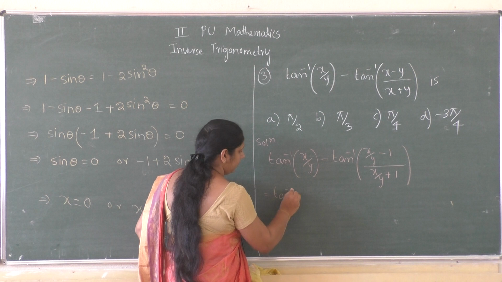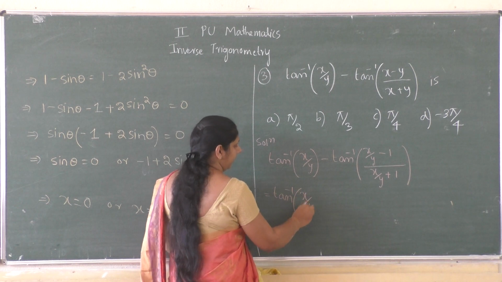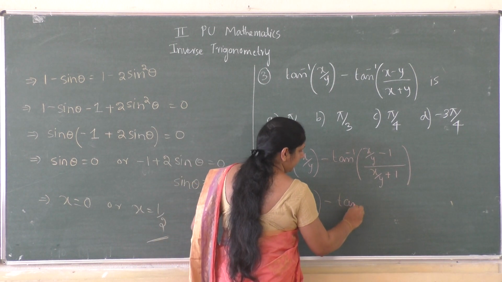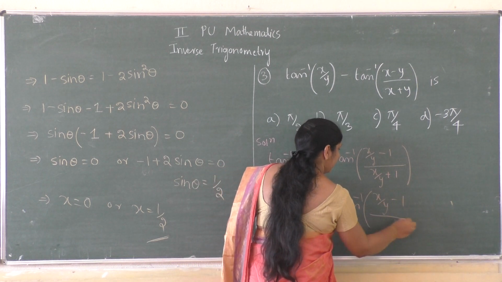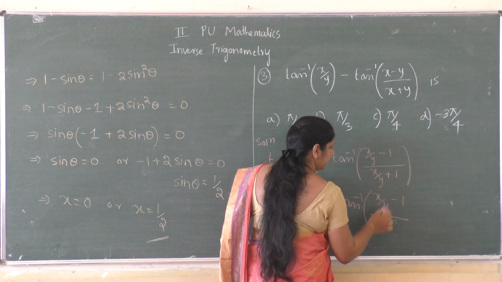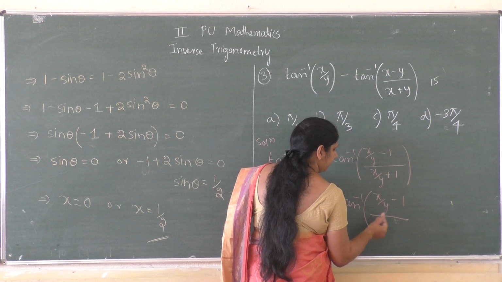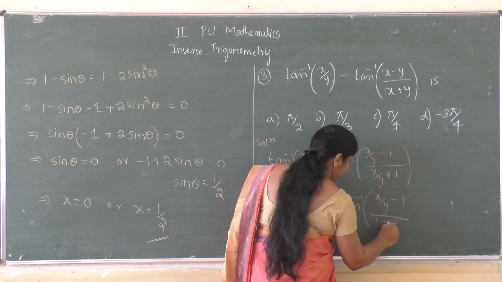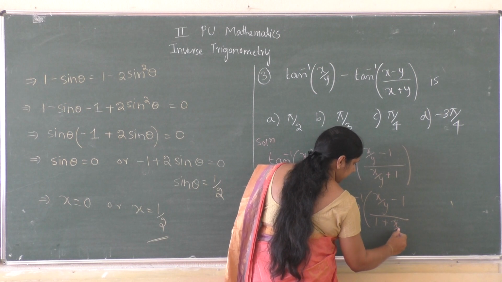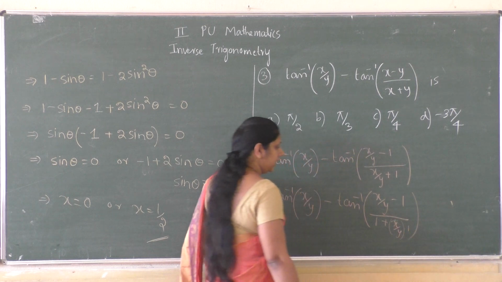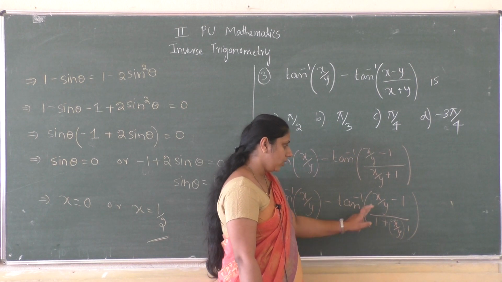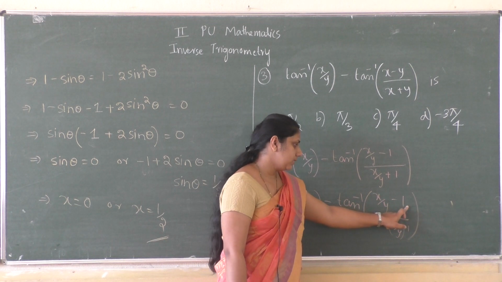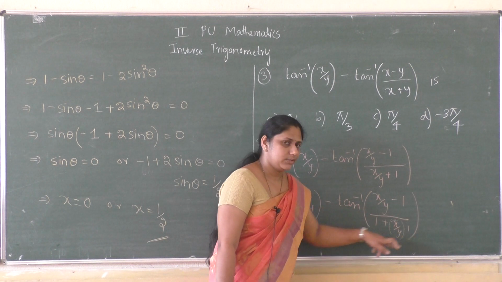So this is tan inverse of x by y minus tan inverse of first term as it is minus 1. Here I just rearrange these two terms. So I will write 1 as the first term plus the second term as x by y into 1. Then see the second term now. It looks like tan inverse of x minus y by 1 plus xy, right?